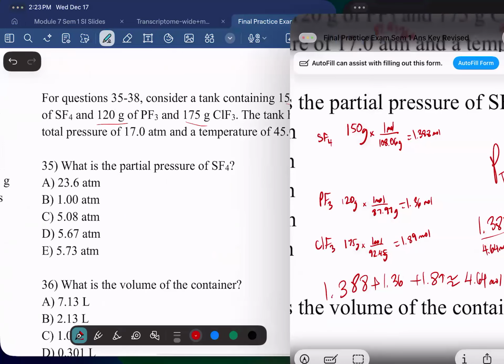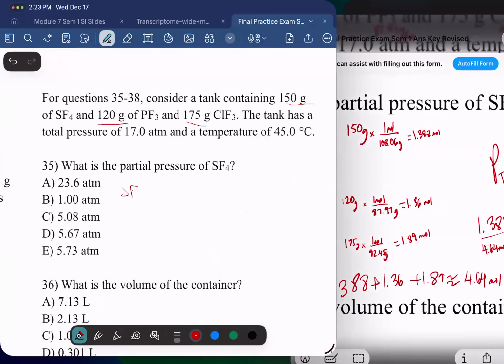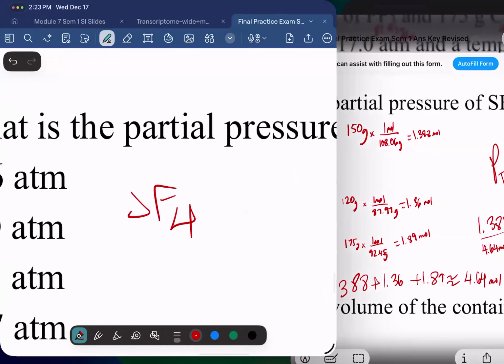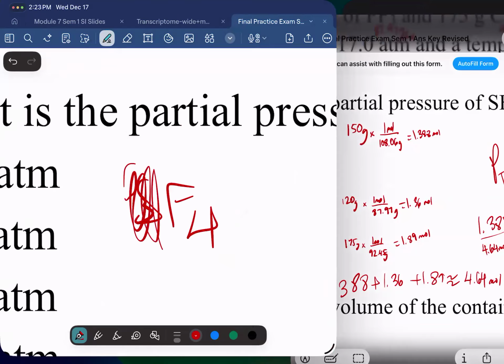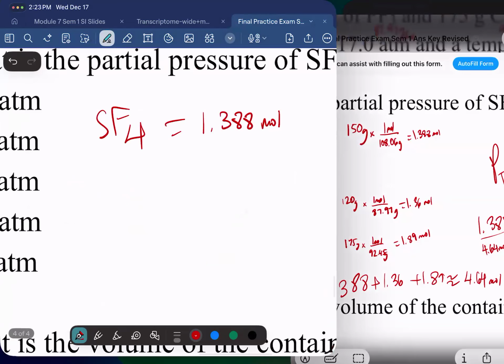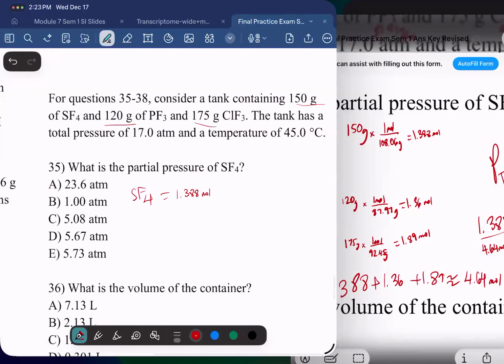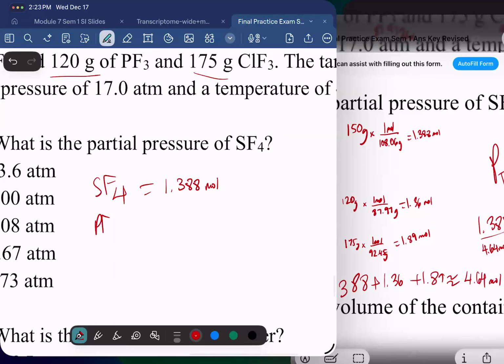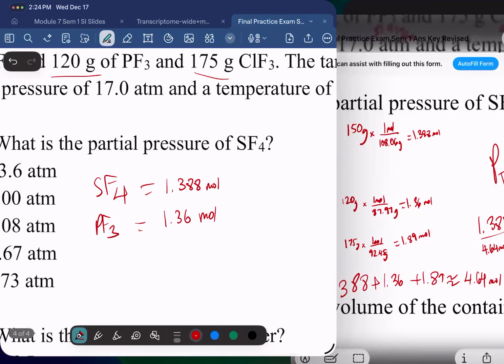So for sulfur tetrafluoride, we have 1.388 moles. For TF3, we have 1.36 mole. And then for ClF3, we have 1.89 mole.